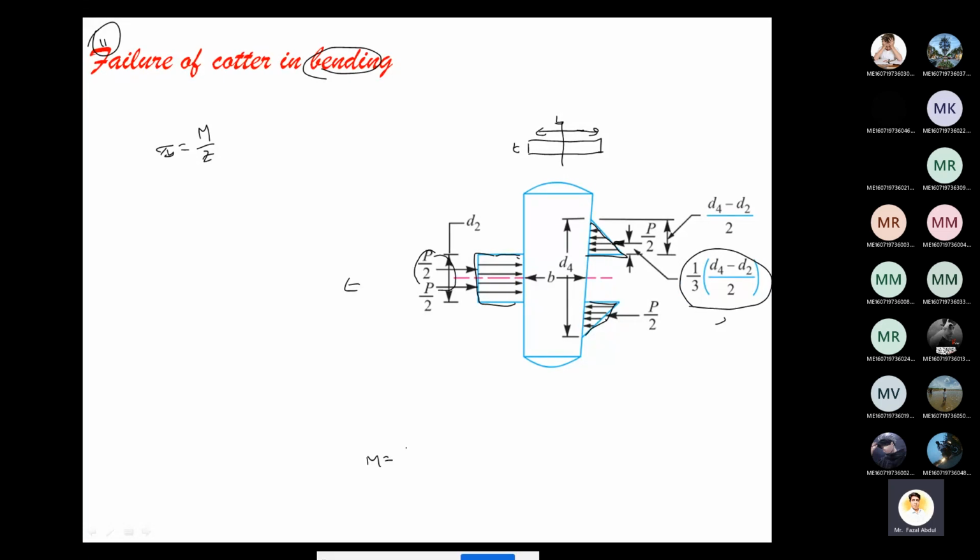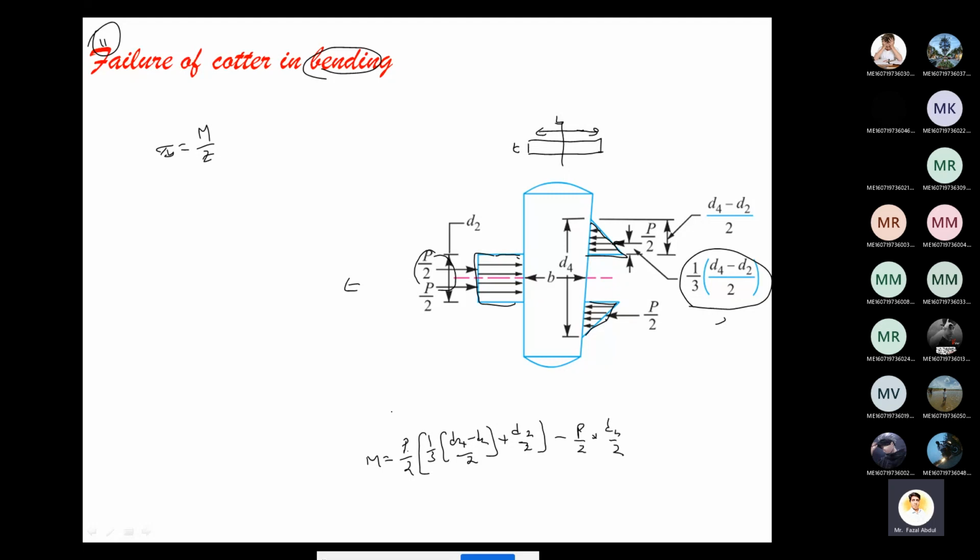So the bending moment I'm writing finally: P by 2 into 1 by 3 into (D4 minus D2) by 2, plus (D2 by 2 minus P by 2 into D2 by 2).